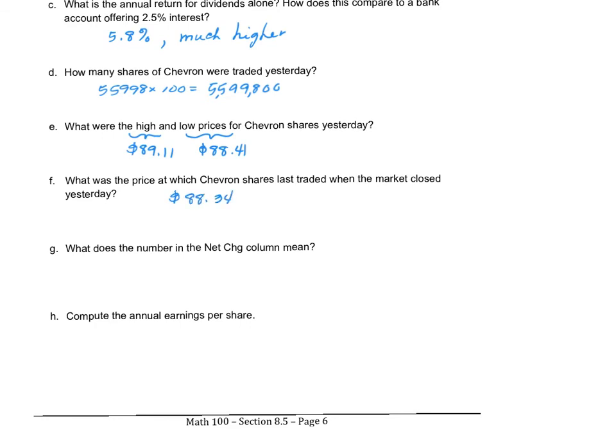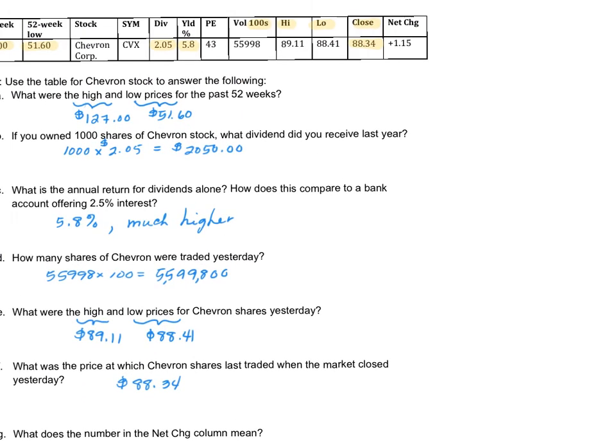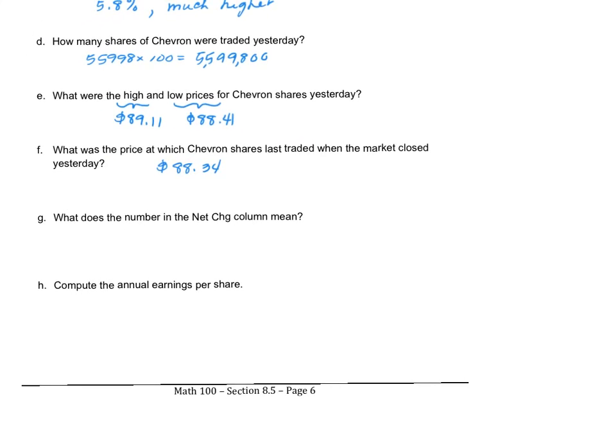So $88.34. What does the number in the net change column mean? So in our table, the net change column is a plus 1.15, which is good. So that was a plus. It's a dollar amount. It's 1.15.